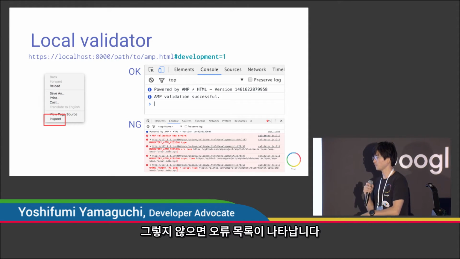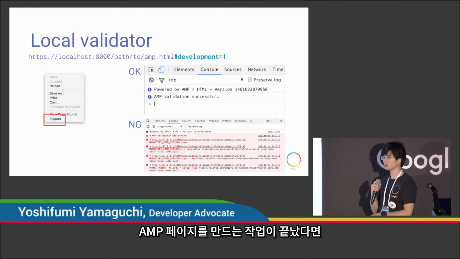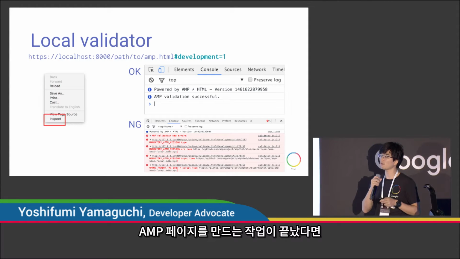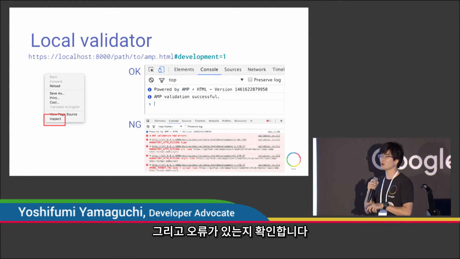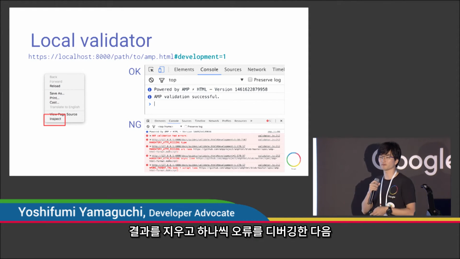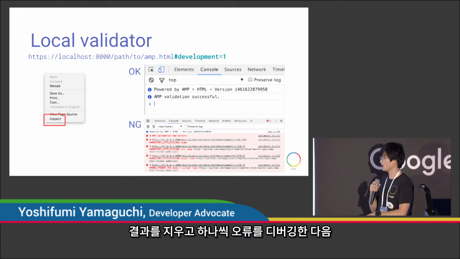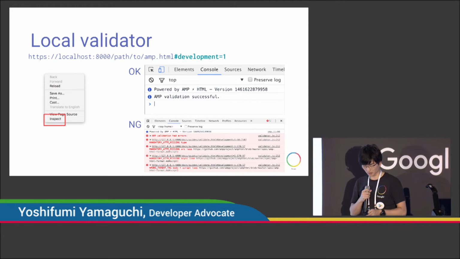Otherwise, you see a list of errors in the console. So what you have to do is, once you finish creating the AMP pages, just access this validator and check that there are no errors. Or if you have any errors, just try debugging these errors one by one. Then try to see these good messages.